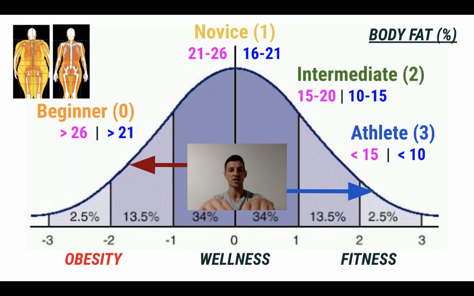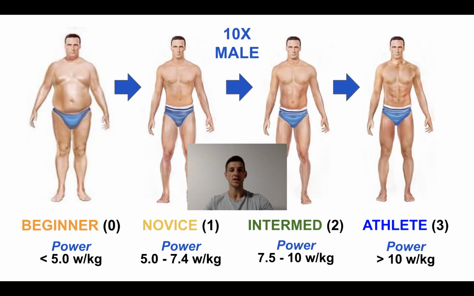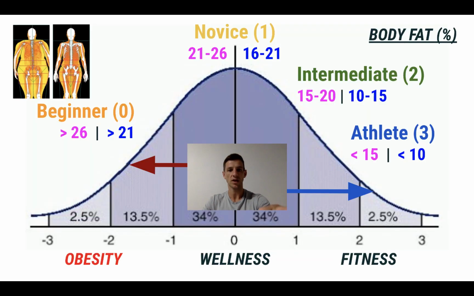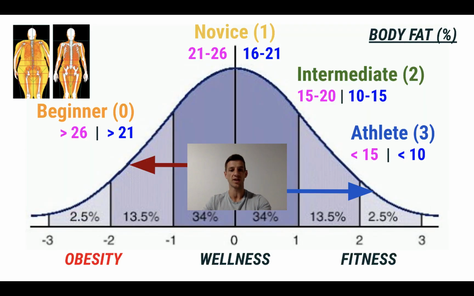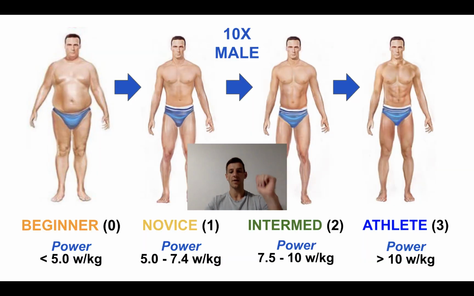So these are the different levels, people on the different distribution. So usually these 2 individuals here would represent novice and intermediate. And again, the guys on the far left and far right would represent the tail end of this distribution, as you can see here. Okay, so what I want you to look at is focus on the beginner.